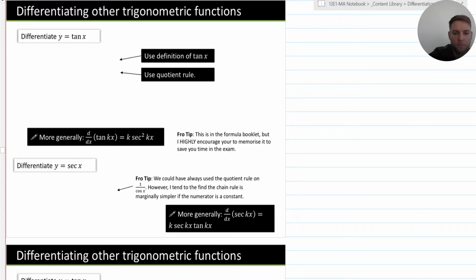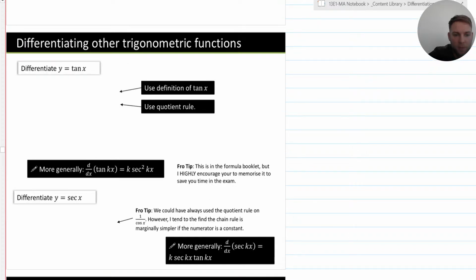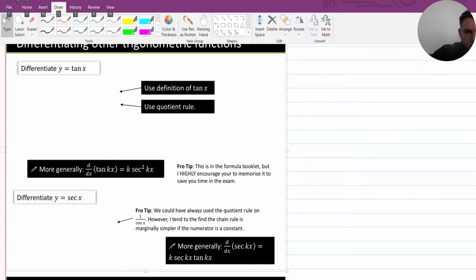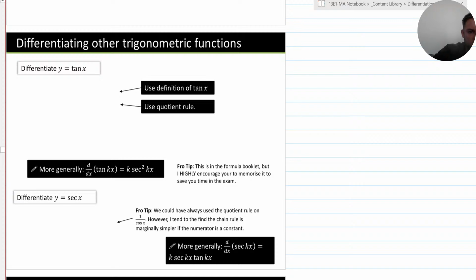Okay, so let's have a look at this top one here, which we again can do. So if I'm doing the differential of tan, well, we know that we can write y is equal to sine of x over cos of x. We know that. Like so.